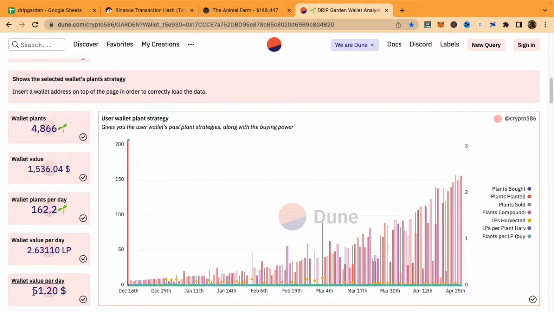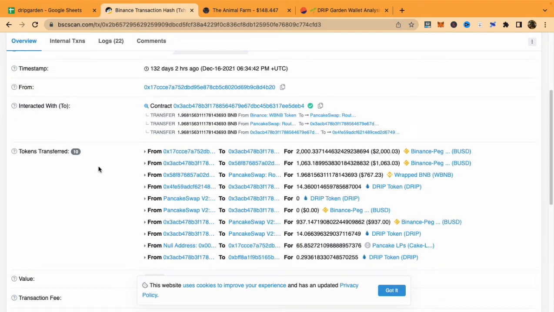from when I got in on the garden, which was on launch back in December 16th. Okay, so this is my initial investment into the drip BUSD garden. This is the transaction on the BSC scan.